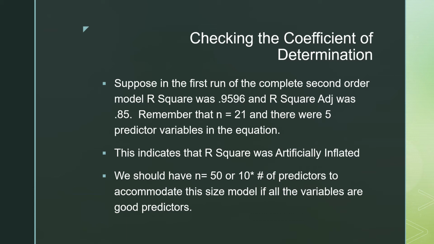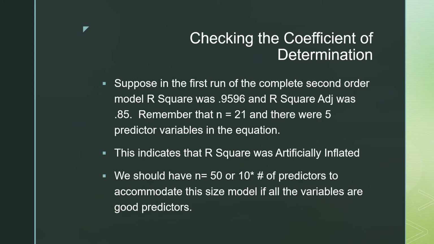Suppose that in the first run of the complete second order model, R squared had been 0.9596 and R squared adjusted was 0.85. That's more than a 10% difference, and that's called artificially inflating R squared.